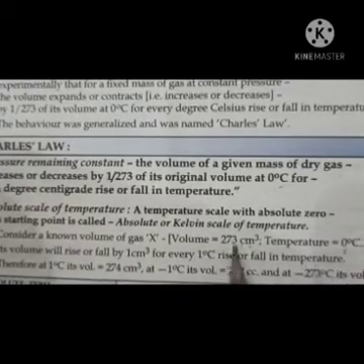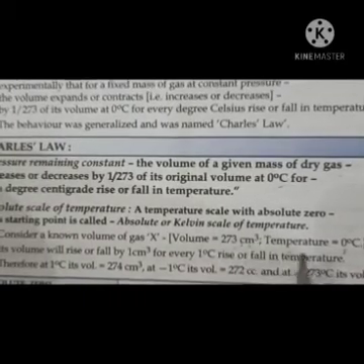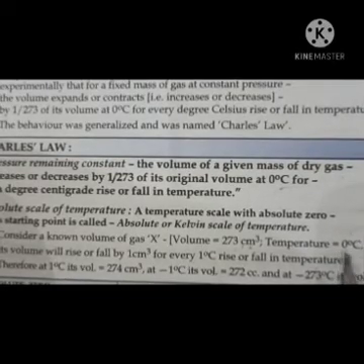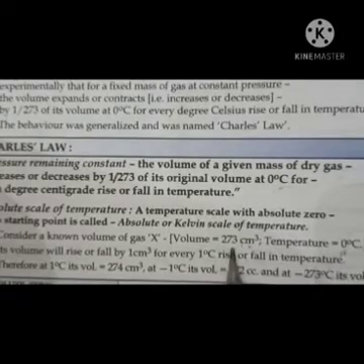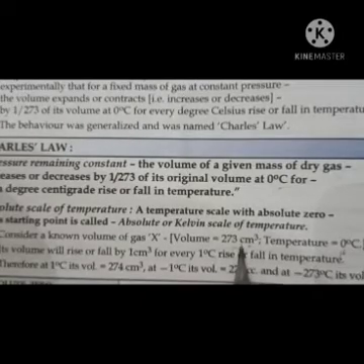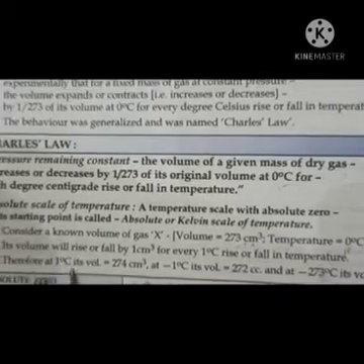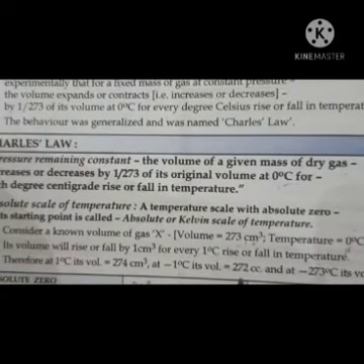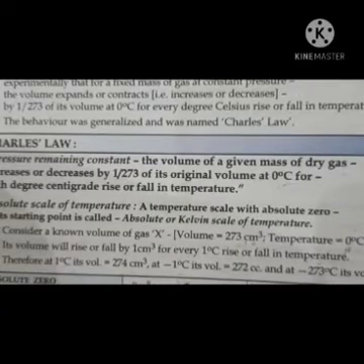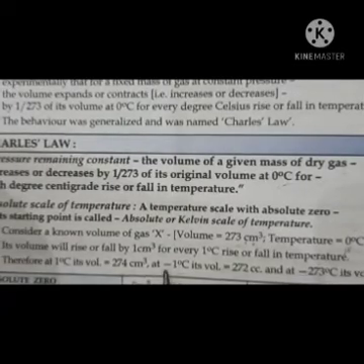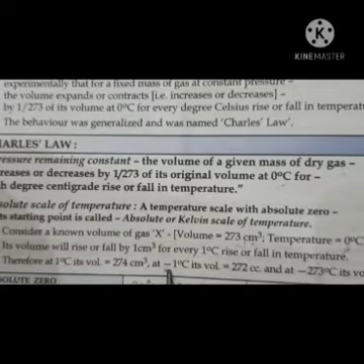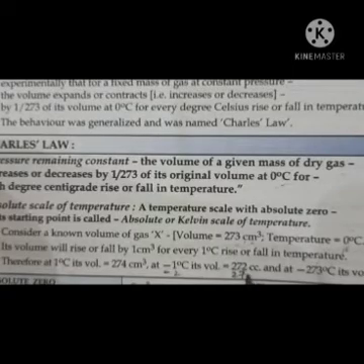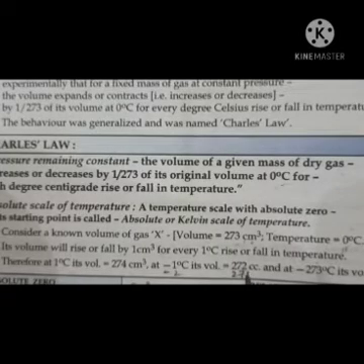It means if the volume is 273 cc at 0 degree Celsius, then at 1 degree Celsius the volume would be 274, at minus 1 it would be 272, and at minus 2 it is 271.